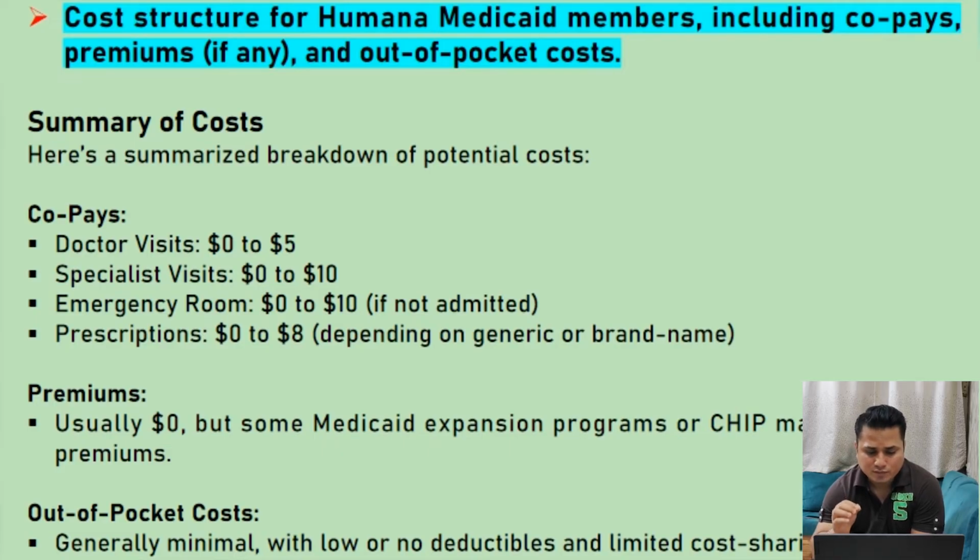Okay, prescriptions from $0 to $8 depending on generic or brand name. Premiums usually $0, but some Medicaid expansion programs or CHIP may have small premiums. Then out of pocket costs, generally minimal with low or no deductibles and limited cost sharing, guys.